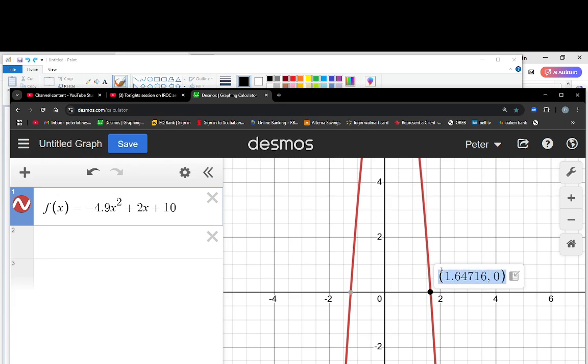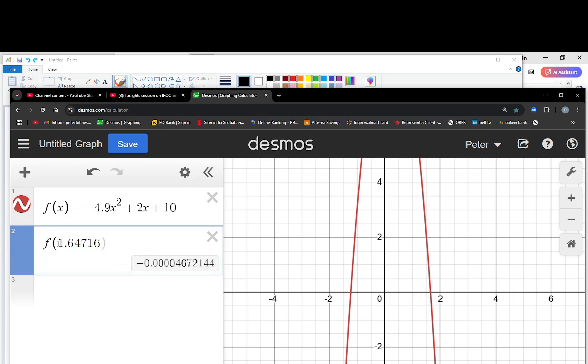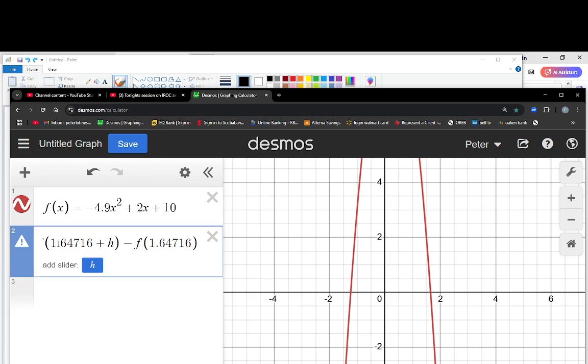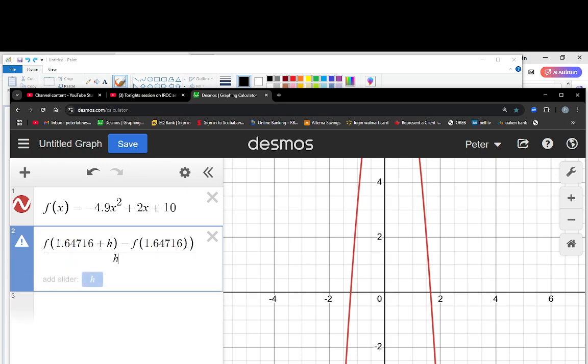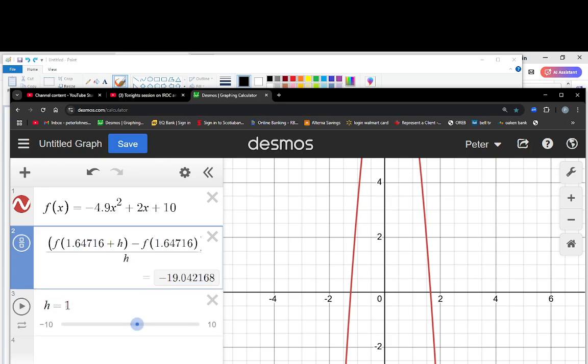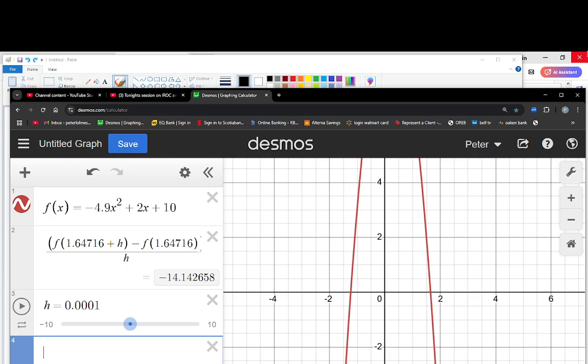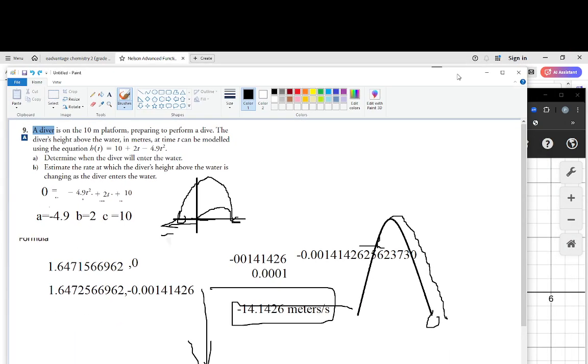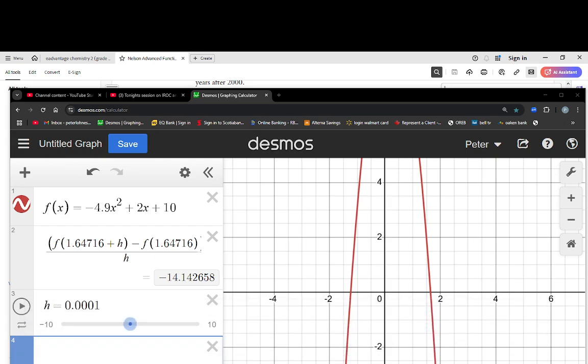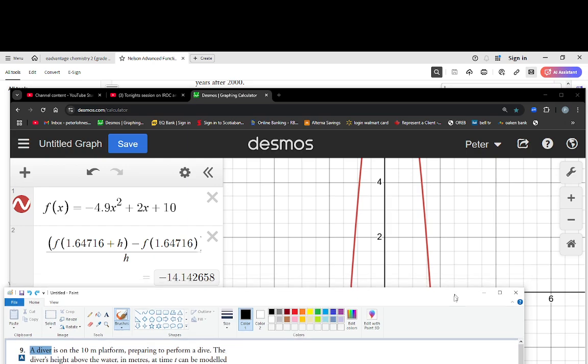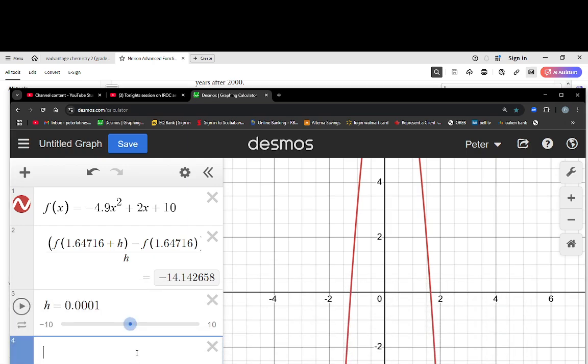So I can take that value of x and set my f of that plus h minus my f of that, which should be 0, all divided by my h, and all I need to do is tell it what my h is. 0.0001. And sure enough, I get the same answer. Yeah, 14.126, and this one is minus 4. Same answer, just more decimals. So there you go. It's confirmed.